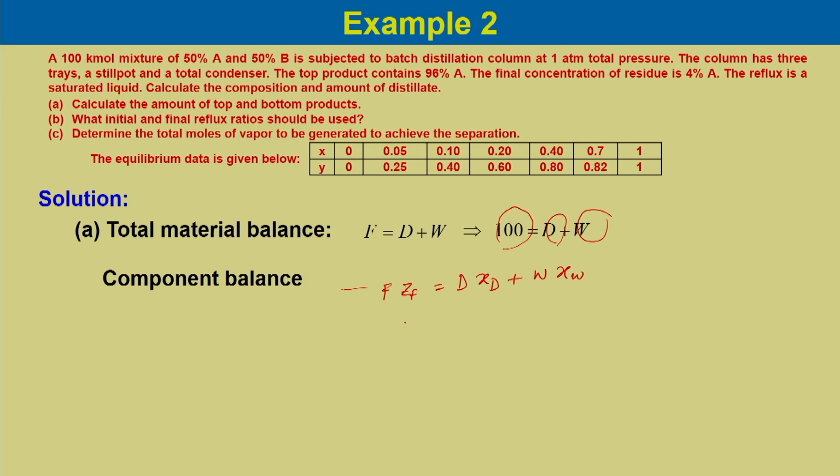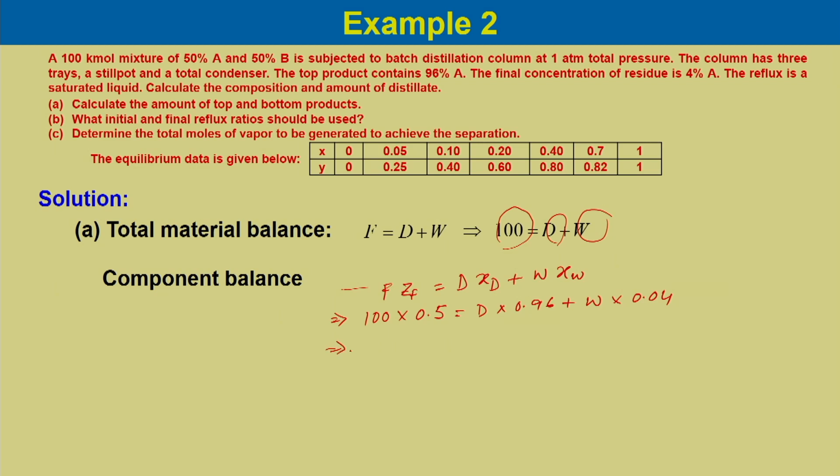Now, if we substitute the values, feed is 100 kilomole, having composition 50 mole percent A. So, it is 0.5 would be equal to distillate into its composition 0.96, that is 96% A, and the bottom's final composition, W into 0.04.